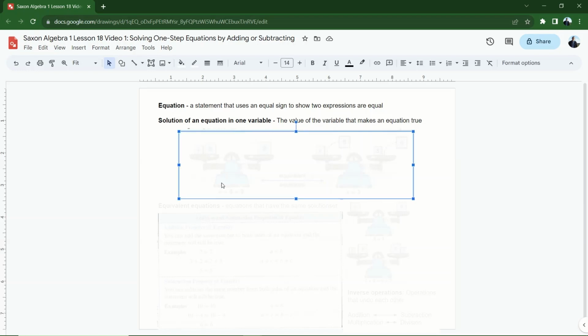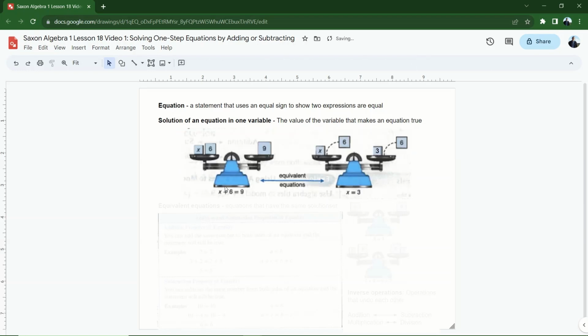And I just want to show you this image from the book. When we're dealing with equations, we're actually dealing with balancing. So the equation x plus 6 equals 9 is like a balance. We have x plus 6 on one side and 9 on the other, and the two things on either side of the equal sign balance each other.